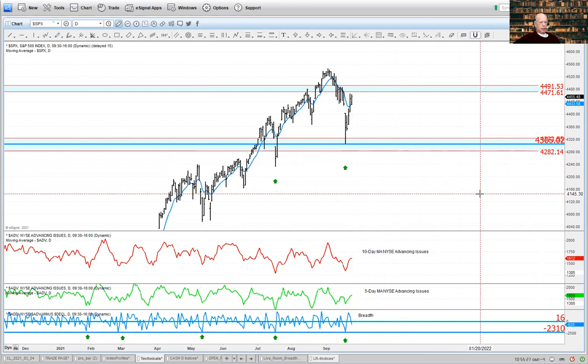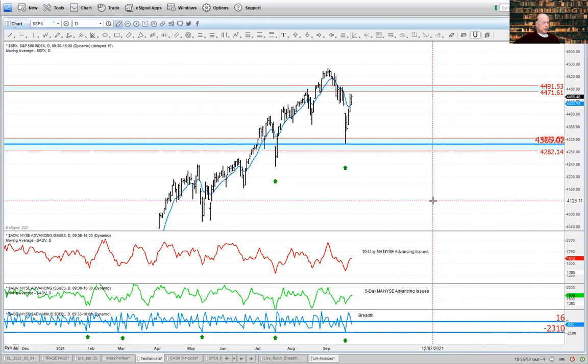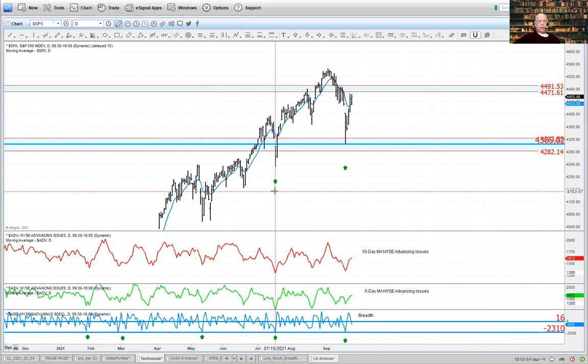A perfect example of this: when you reach negative 2000, and it doesn't matter if you're in a bull or bear trend, you're typically near at least a short-term low time-wise. Sometimes not price-wise, sometimes you'll get further washout, but on less momentum, coming very quickly on the heels of that initial 2000 breadth reading.